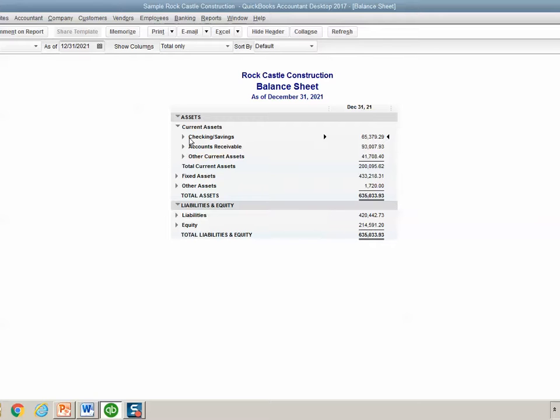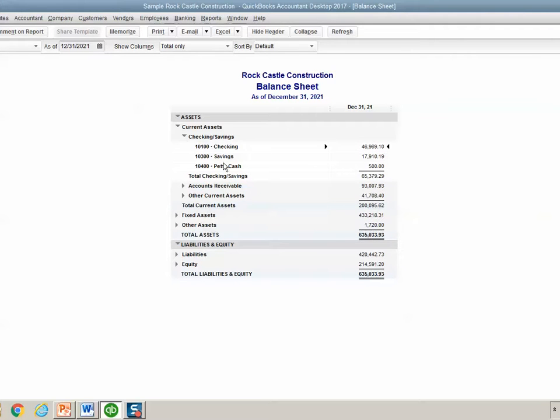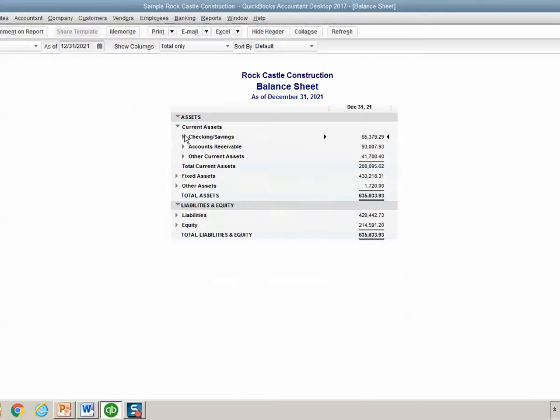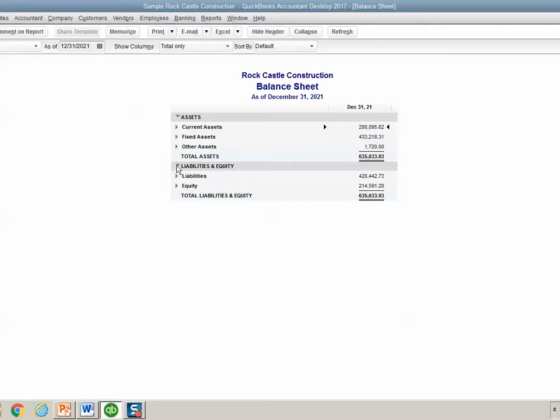In the example of Rockcastle Construction, you can see they have checking and savings and petty cash, as well as accounts receivables owed to them from clients who have not yet paid their bill. They also have fixed assets, everything from furniture, vehicles, buildings, construction equipment, and land. The next main category on the balance sheet is liabilities.